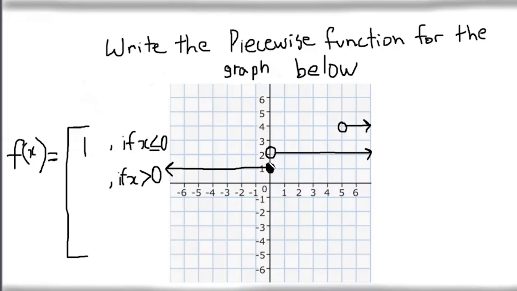So now that we have that, we see that it's at 2, so 2. And then our next one is actually at 4. So we know that it's at 4, so we can just write that in. 4 if x is greater than 5. So the reason why it's just greater, it's not greater than or equal to, is because, again, this is empty, right? So there you go.